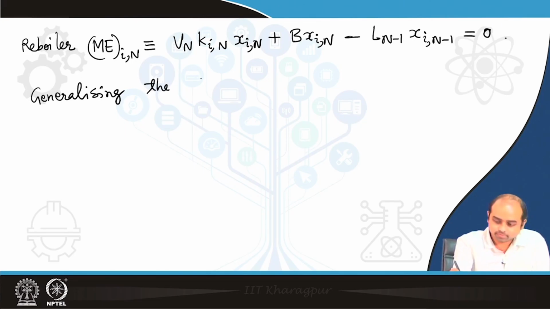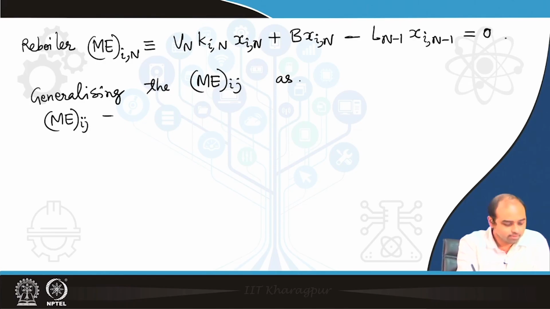Generalizing the ME equation as, let us say, Aij Xij minus 1.